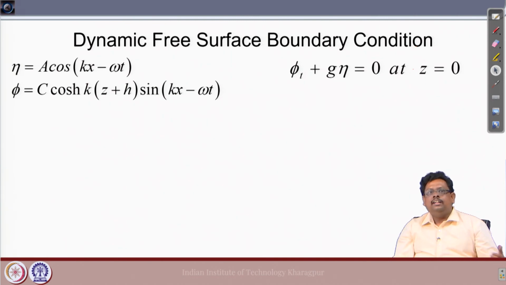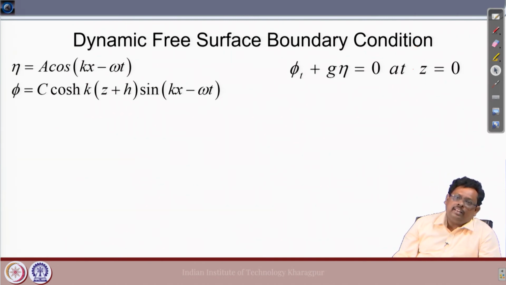Next, I use the dynamic free surface boundary condition to get the value of C. Now, you see eta is a cos(kx minus omega t), and then we have phi, which is my velocity potential, or you can say the incident wave potential, C into cosh k(z plus h) into sin(kx minus omega t). Then I differentiate phi with respect to t, substitute the value for eta, and put z equal to 0.